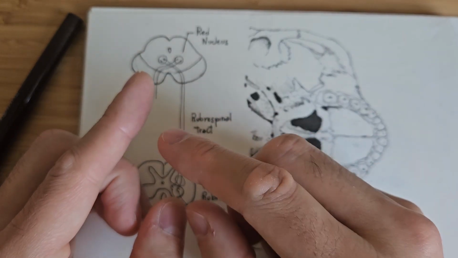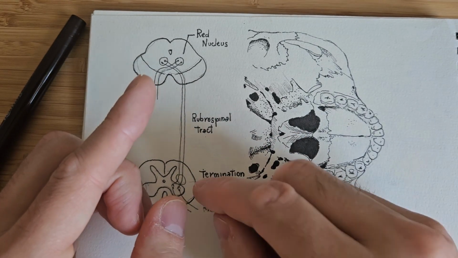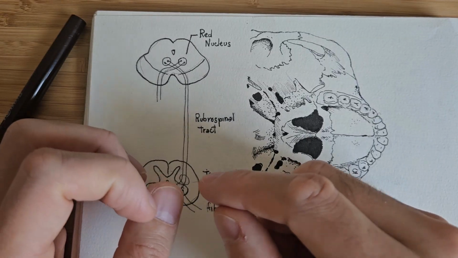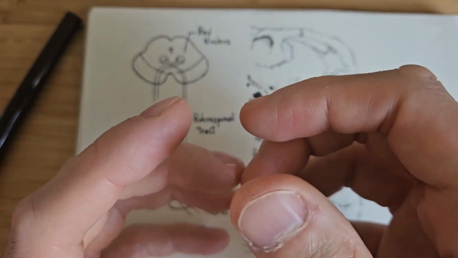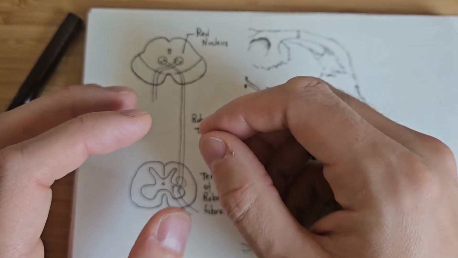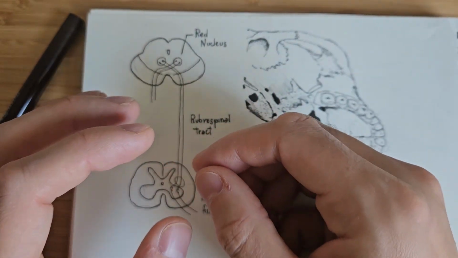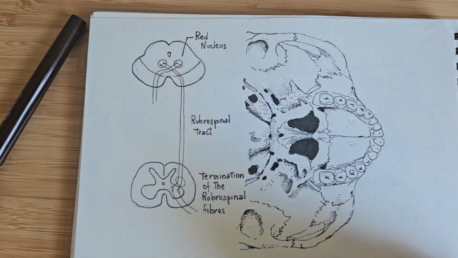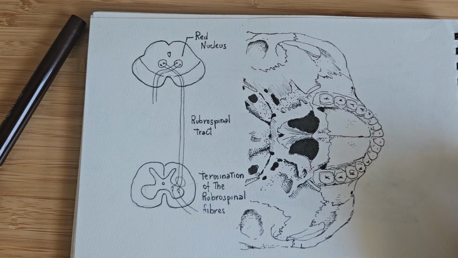In Parkinson's disease, dysfunction of the cerebellar cortical red nucleus circuit can indirectly affect the rubrospinal tract, leading to motor deficits.